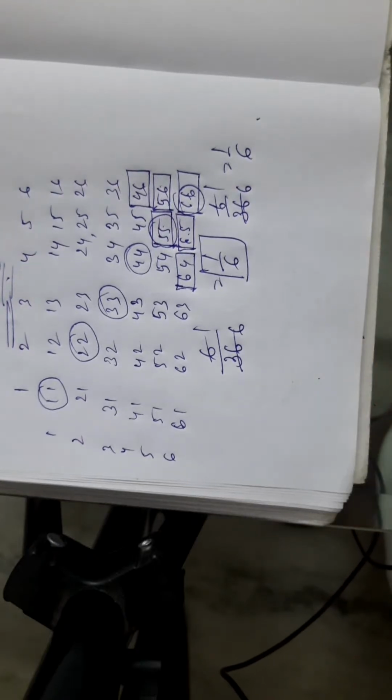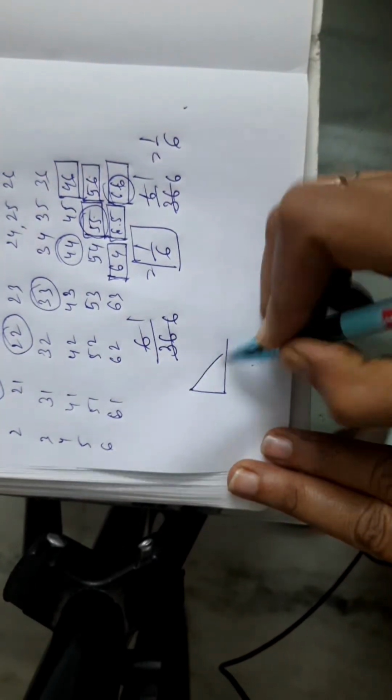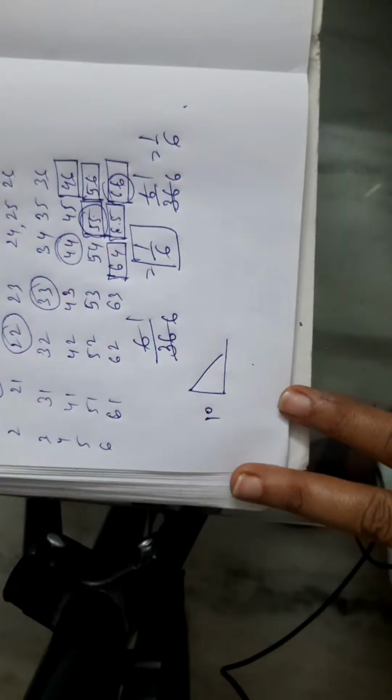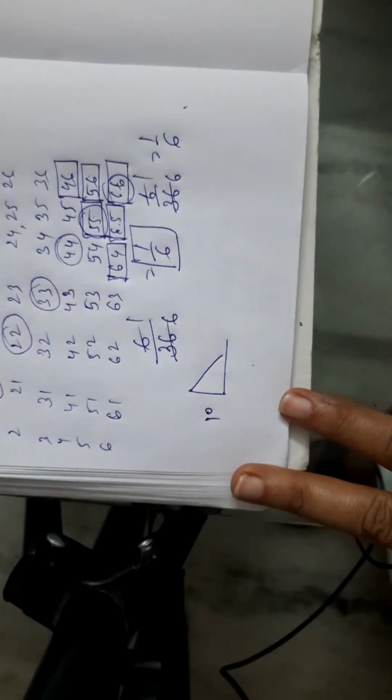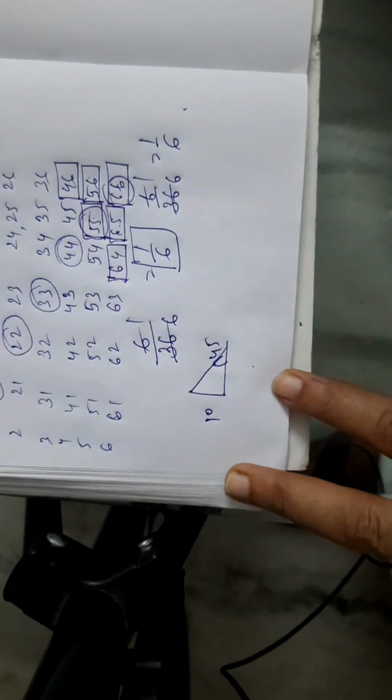Next one, an electric pole is 10 meter high. A steel wire is tied at the top of the pole, making an angle of 45. Theta is 45. Find the length of the wire.